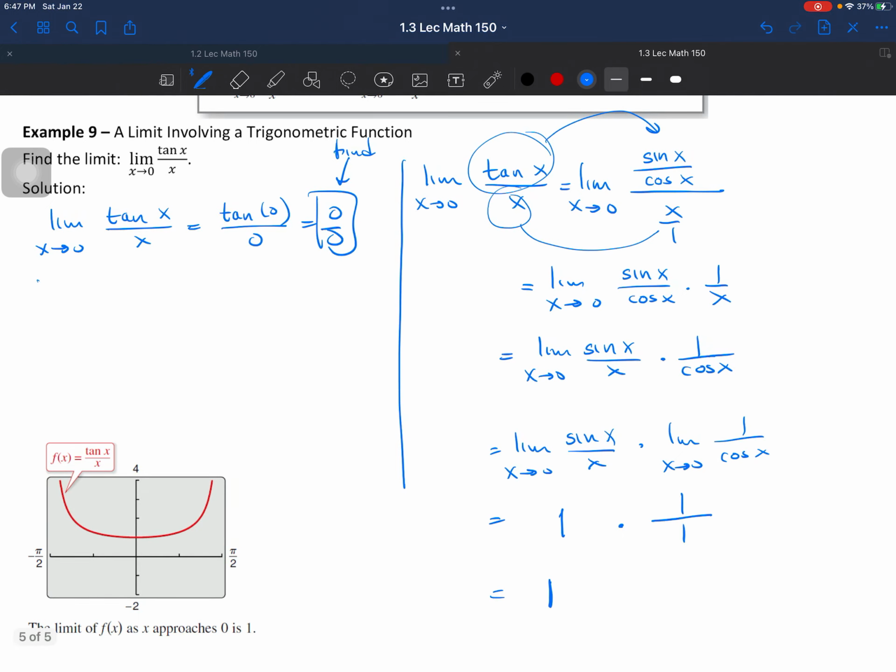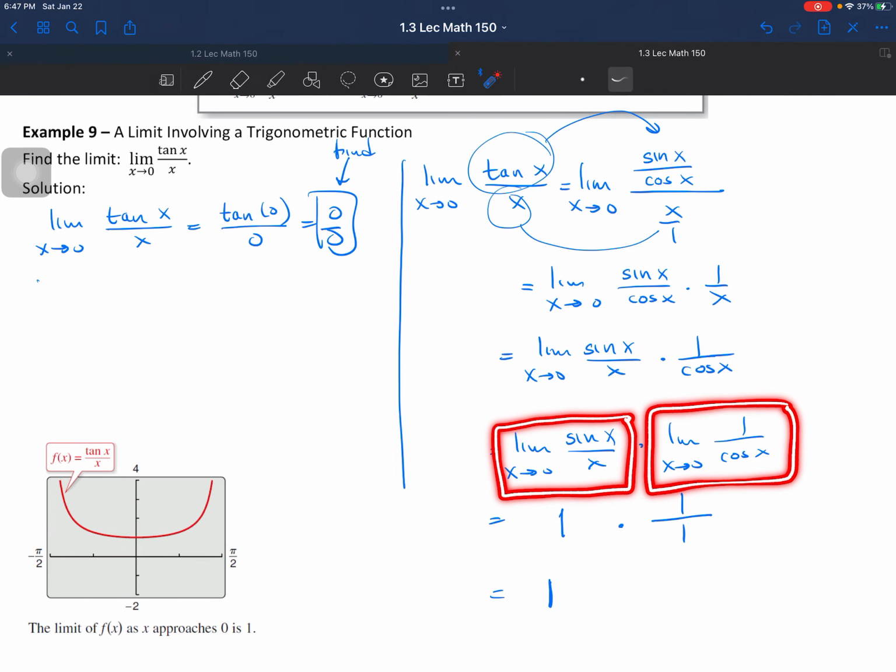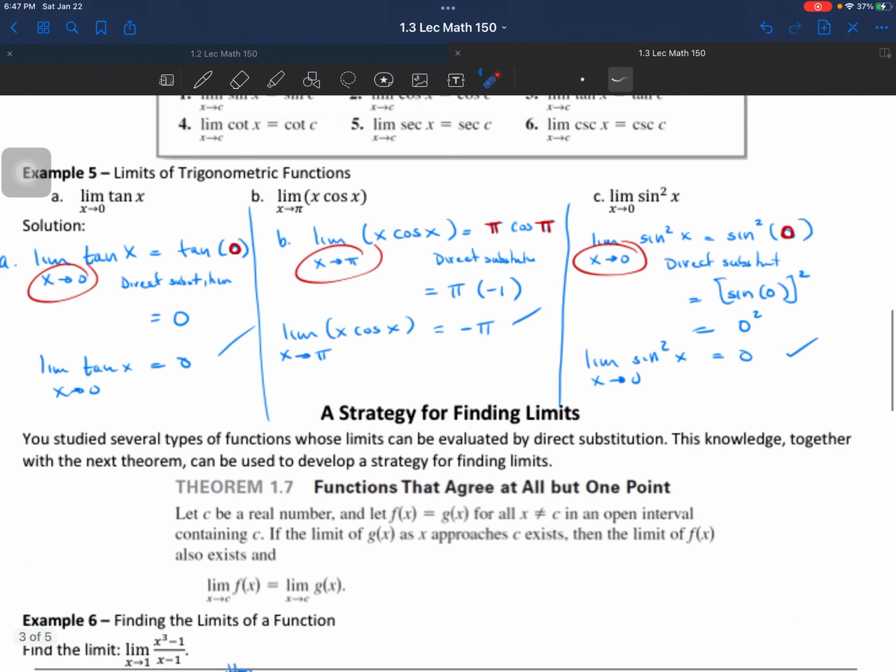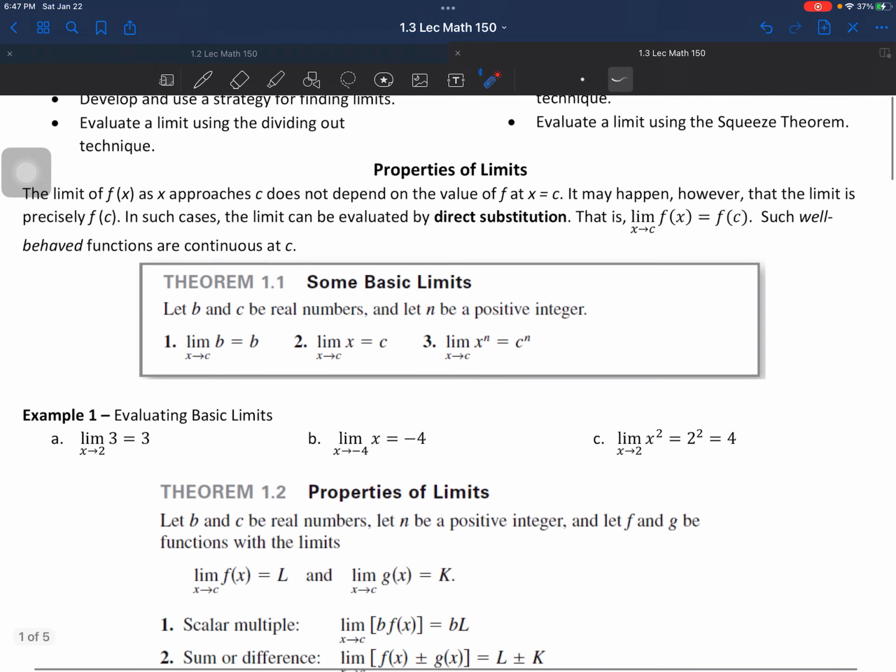Now, this is very important, we can do this separation from here to here because we know that the limit of this exists and the limit of this exists. This is the reason behind going back up here.